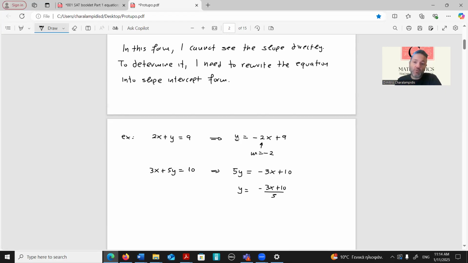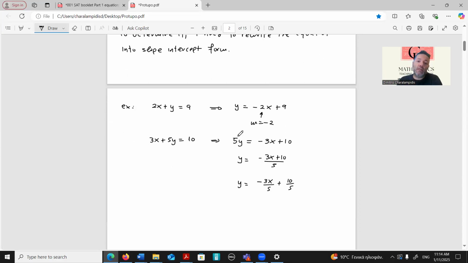So in order to bring it into that, I should just split the fraction. So I'm going to write it as minus 3x over 5 plus 10 over 5. I'm going to write it in a clearer way as minus 3/5 x plus 10 over 5, which would mean that the slope is minus 3 over 5.